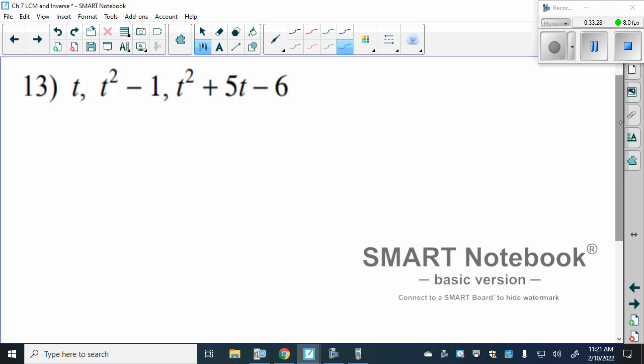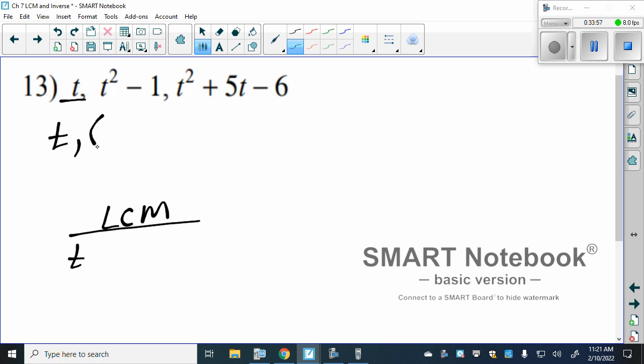Here, well, t, well, that there is already as simplified as it gets because there's no other numbers with it, and it's by itself, which for our least common multiple, well, I know that I will need a t because none of the others have a t or a greatest common factor of t to pull out, so we'll have just t.